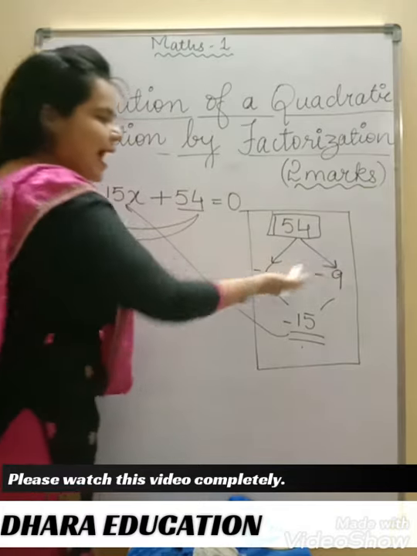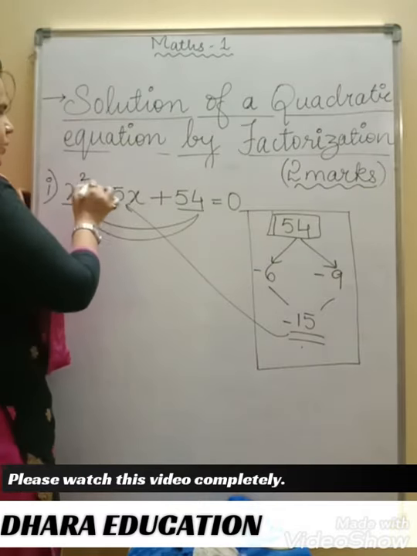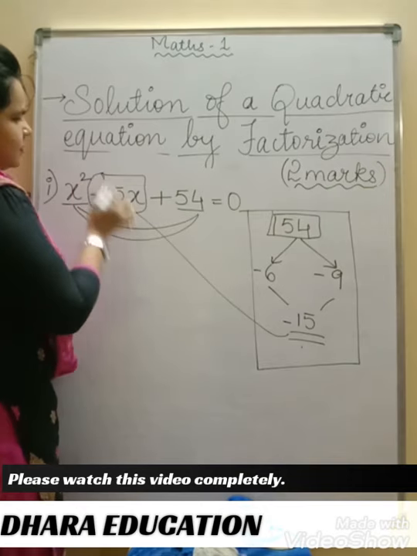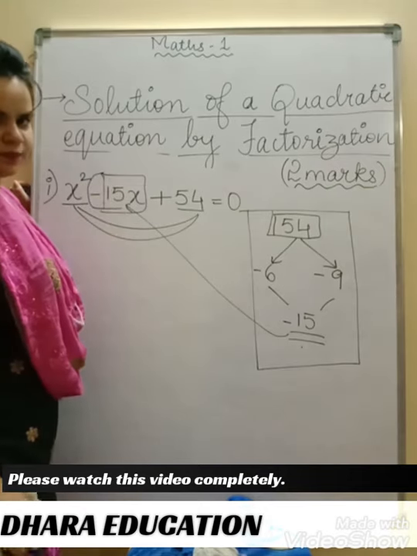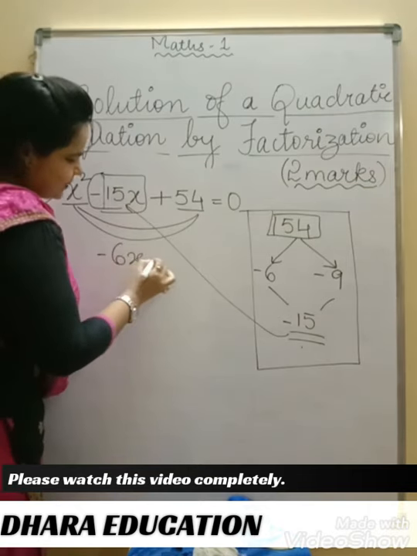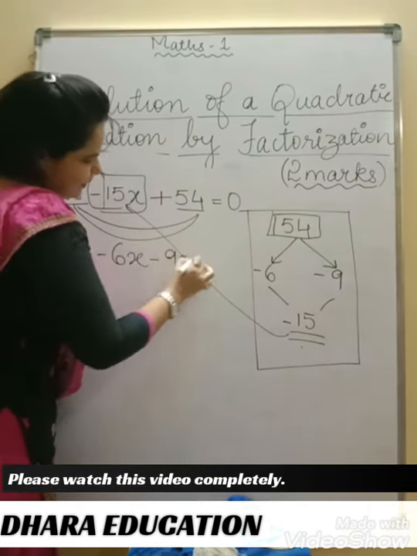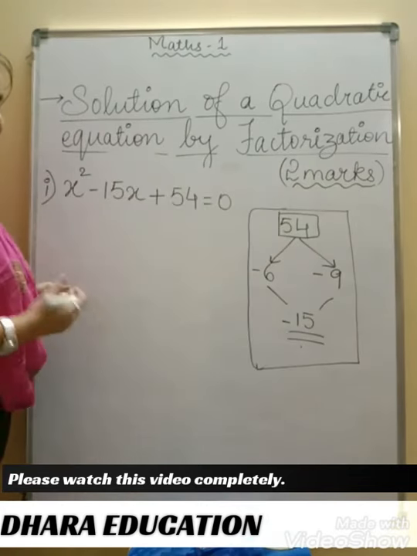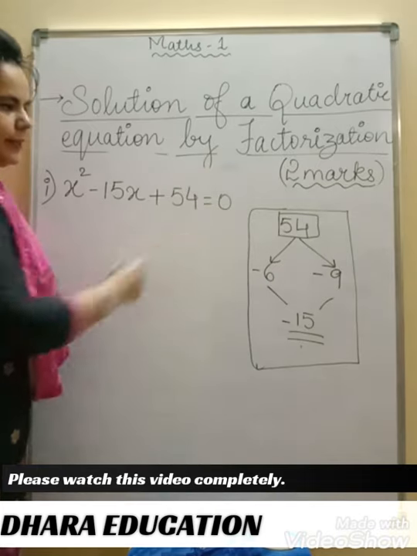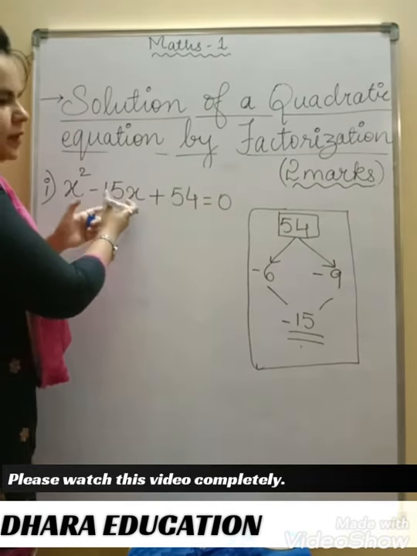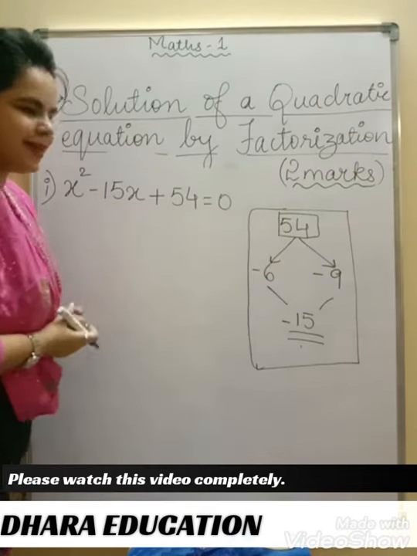But when we add these two terms, it will be our middle term, that is minus 15x. So we can take minus 6x minus 9x. Alright. So the next step, we have taken out the factors of 54 and then we have found the middle term also by adding minus 6 and minus 9.